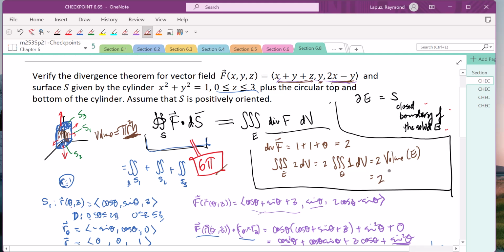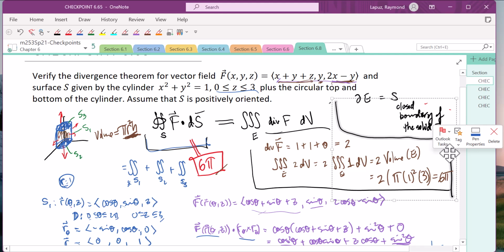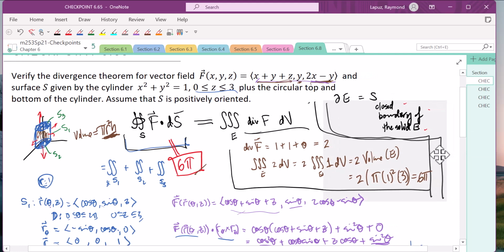So there's a 2 here, and we have a pi, and then r is 1, and then the height is 3. So we get 6 pi. Almost fit. Let's move this just a tad bit over, and now you can see that it does fit.